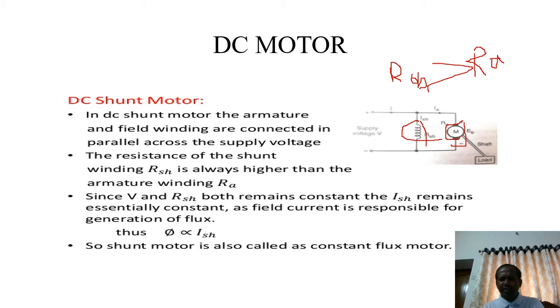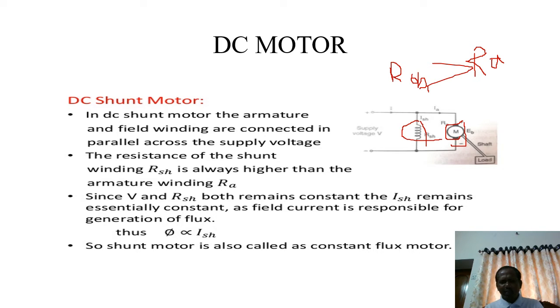Since the supply voltage V and the shunt field resistance RSH both remain constant, the shunt field current remains essentially constant. The field current is responsible for the generation of flux. When the supply voltage is constant and the shunt field resistance is constant, the current flowing through the shunt field winding, ISH, is constant.